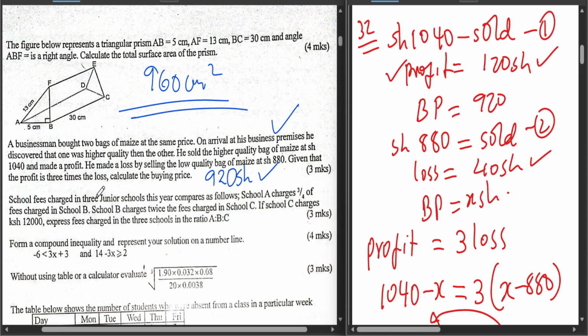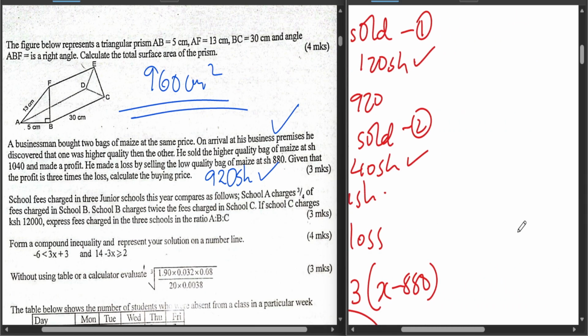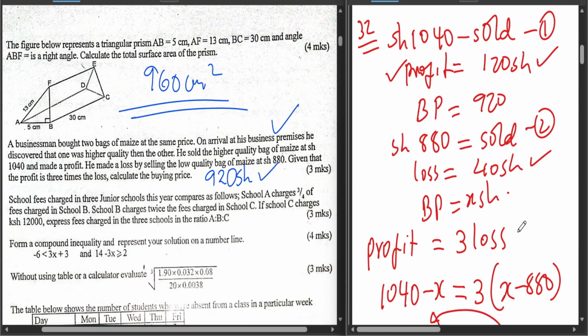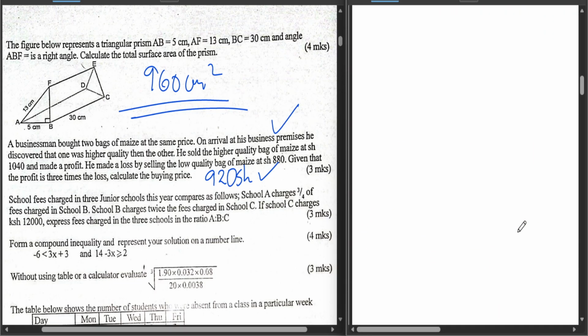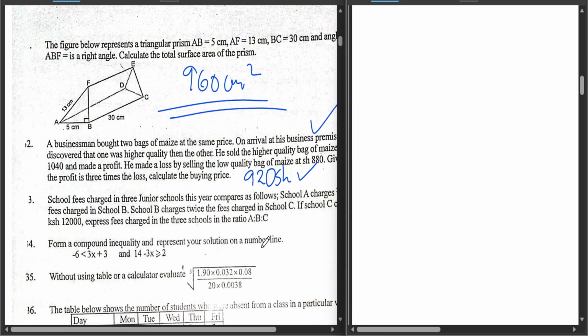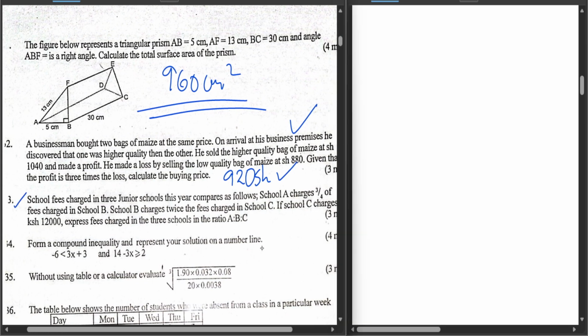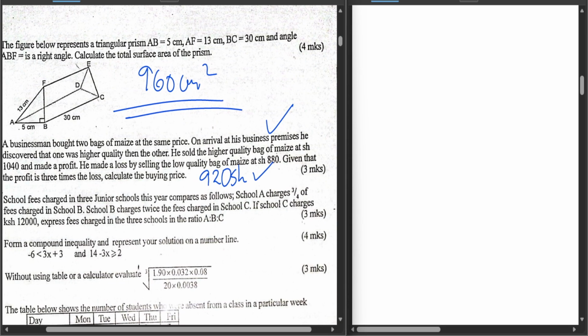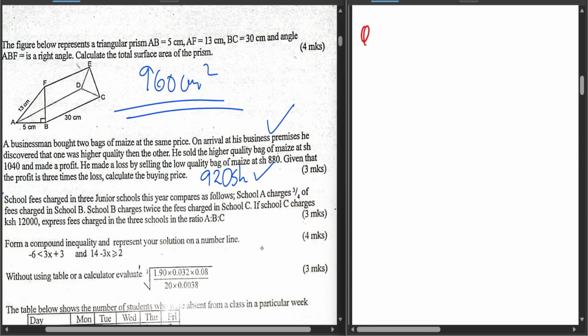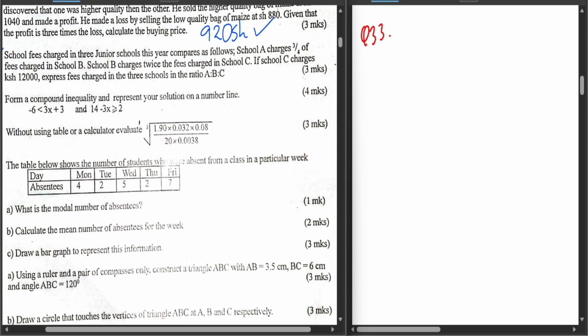Now let's go to the other question. I think I can scroll. Now this is question 33 about school fees. School fees charged in 3 junior schools is compared as follows.